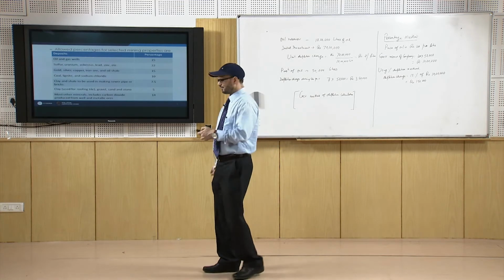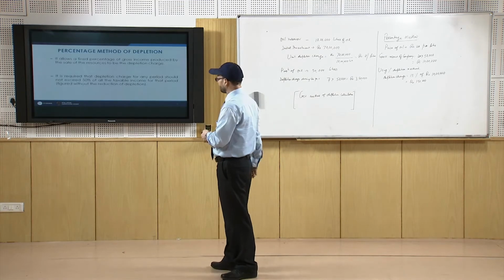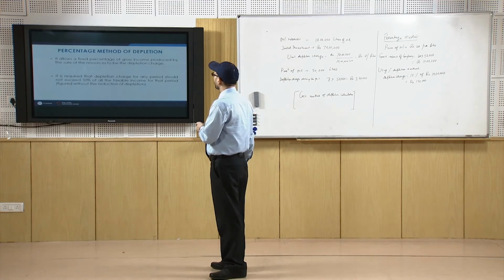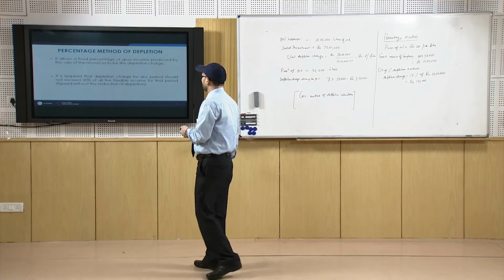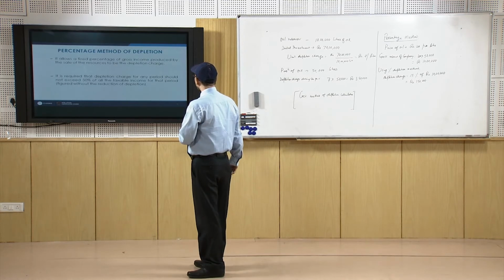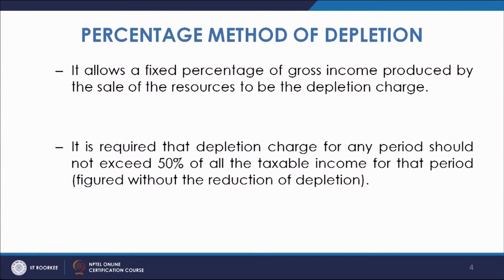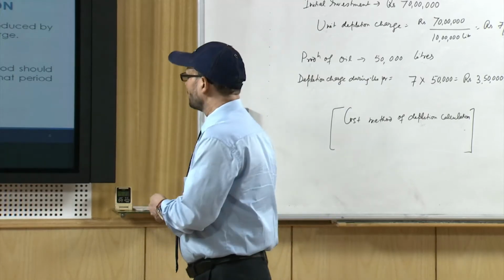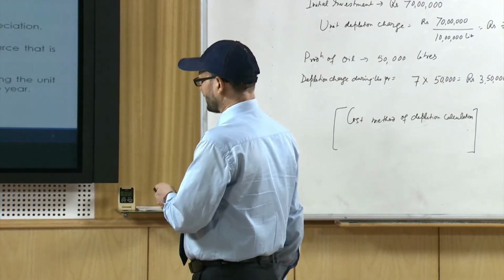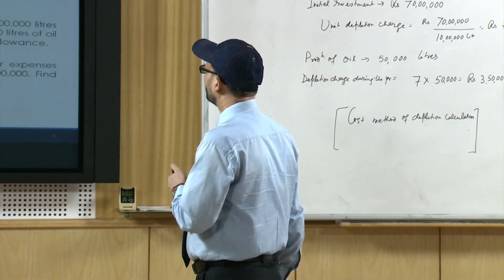Now, the condition with this depletion method by percentage is that it should not exceed 50% of the taxable income. Now, taxable income is nothing but the gross income minus some other expenditure the company has made.